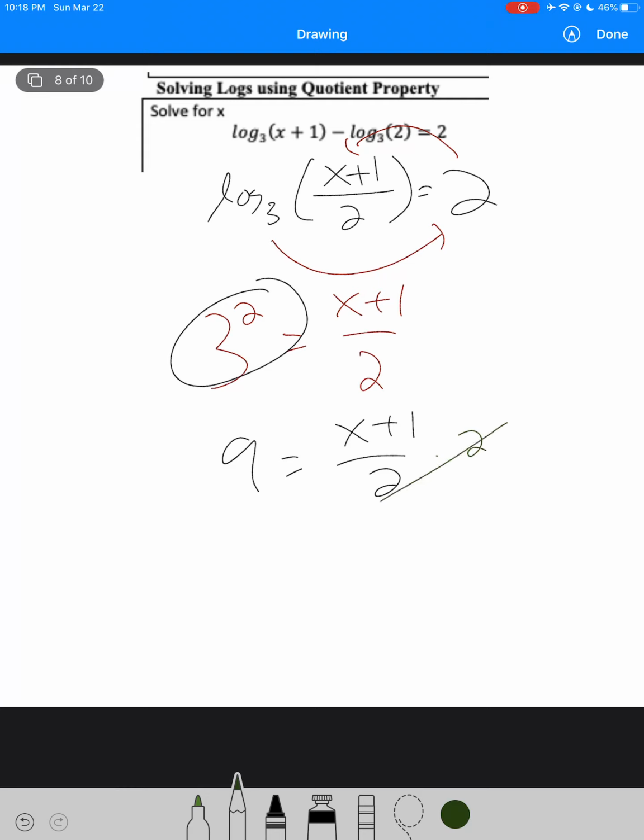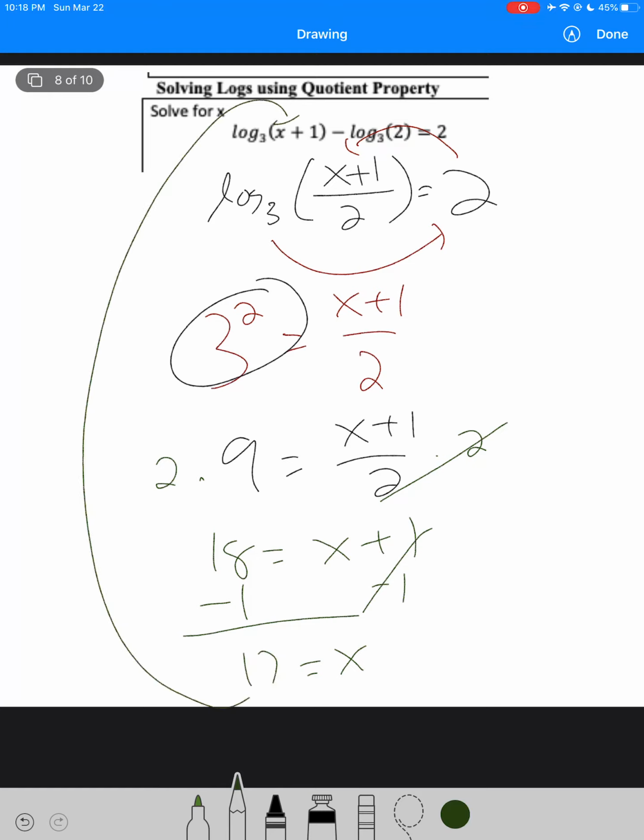Solving for x, we multiply by 2. Then subtract 1. That'll be x equals 17. And we would check that by plugging that back in for x and seeing if it is true or false. Easy shortcut: if it equals a negative in parentheses, it's false. If not, it probably is true.